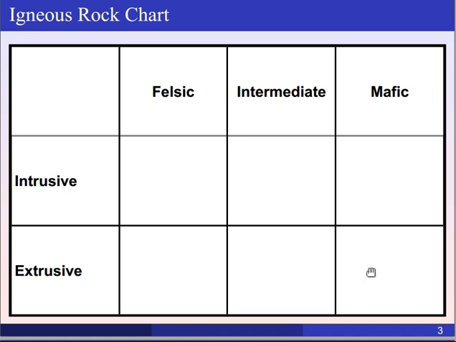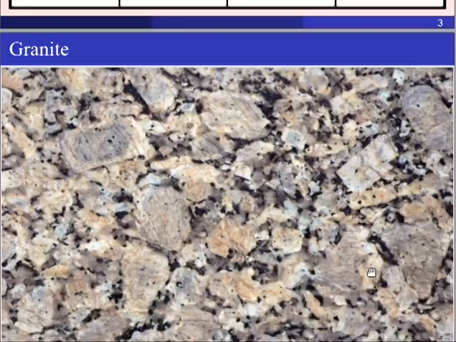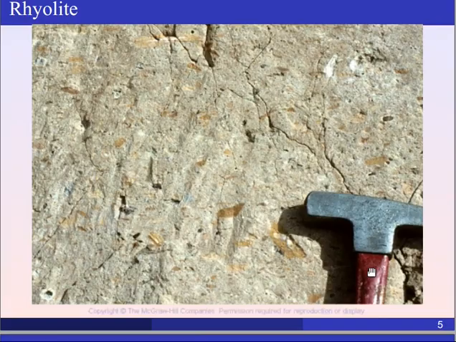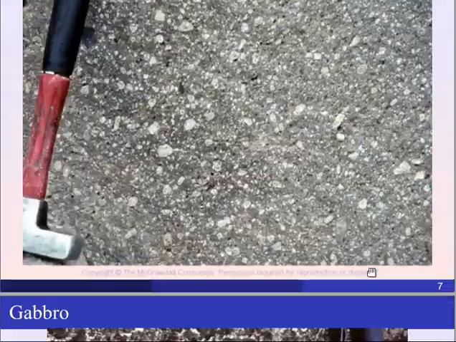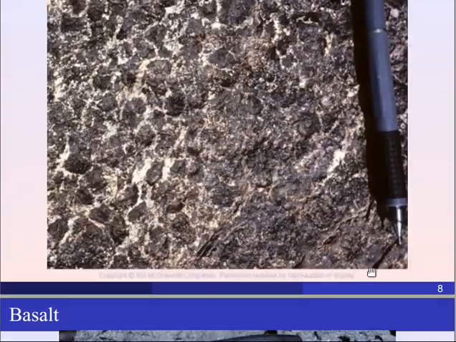Mafic, extrusive, would be out in the middle of the ocean bottoms, such as at Hawaii. We get mafic extrusive is a basalt. Some pretty pictures: granite, rhyolite, diorite, andesite, gabbro, and basalt.